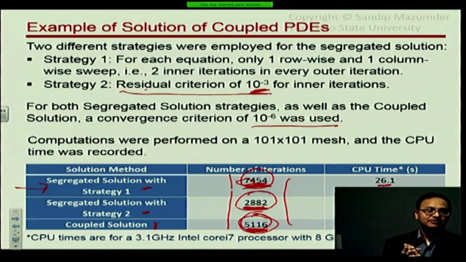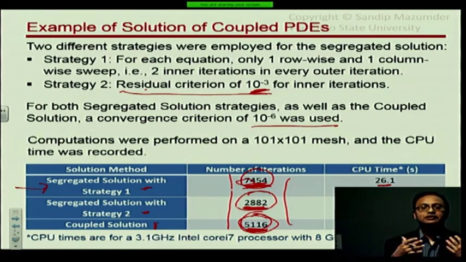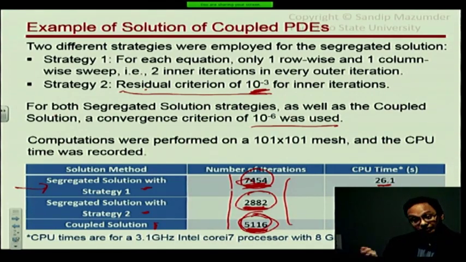You can never say that one approach is better than the other. It depends on the types of PDEs you're solving, the types of auxiliary calculations you're doing, and the types of inner iteration solvers you're using. All those factors come into play. So there's very little one can say as a universal rule that this way is better than the other.